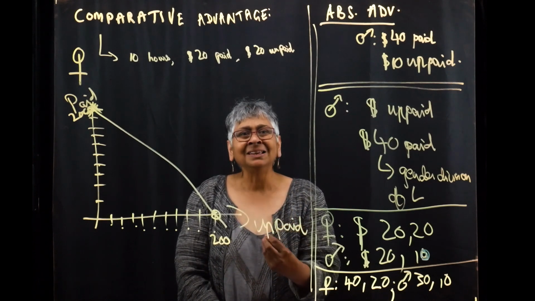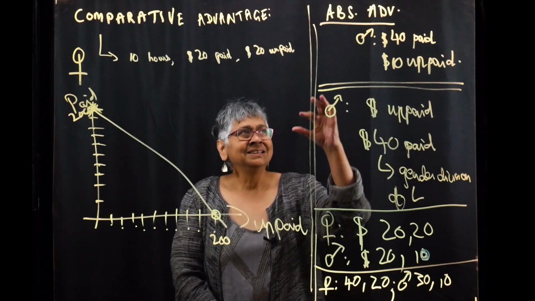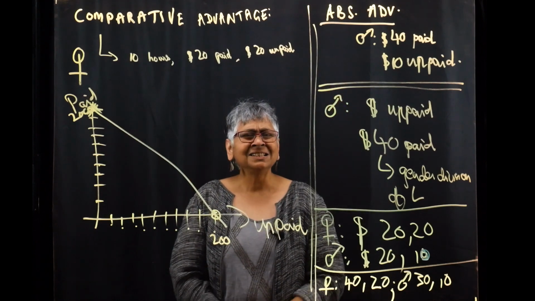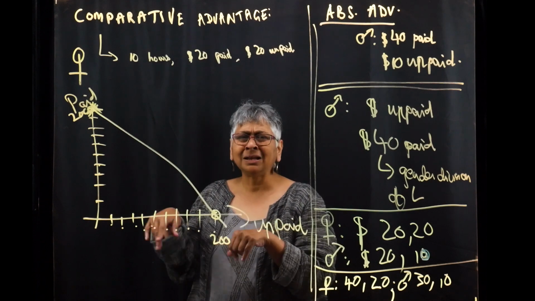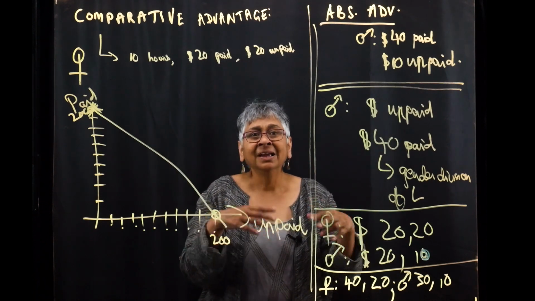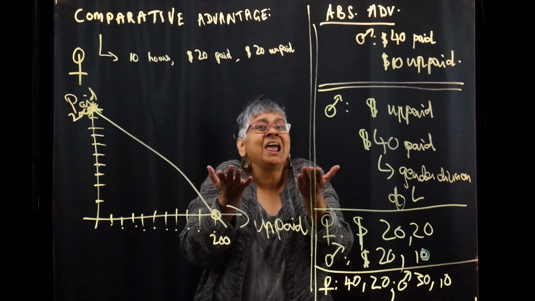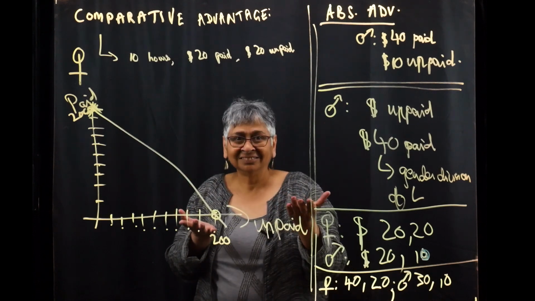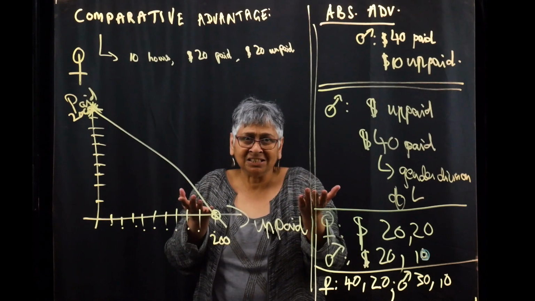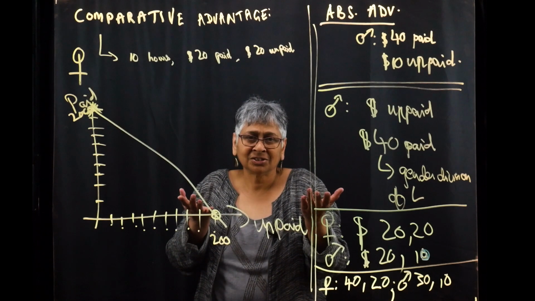What this means is that the reason that we have these patterns isn't a simplistic one about men are better, women are worse. It's about the relative capacity to take care of things.